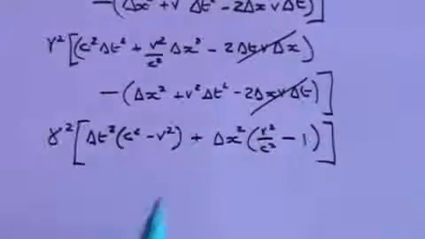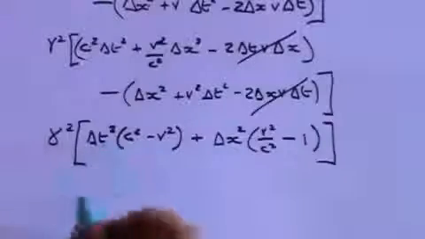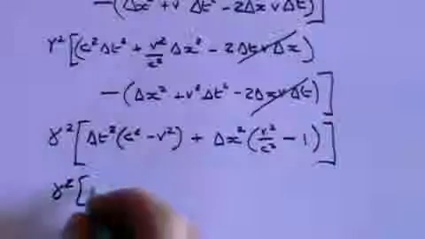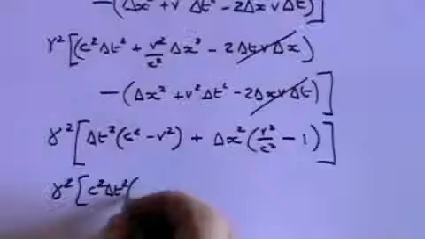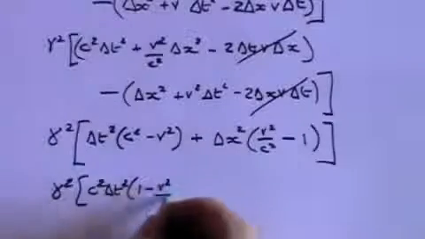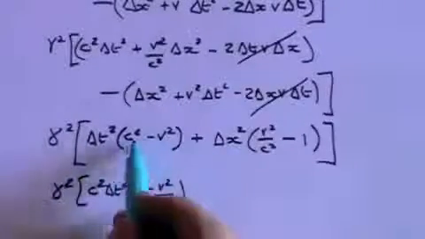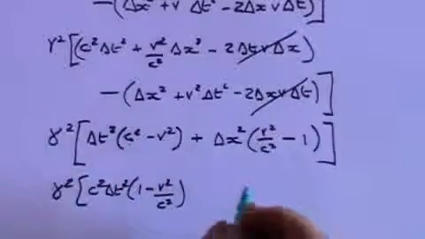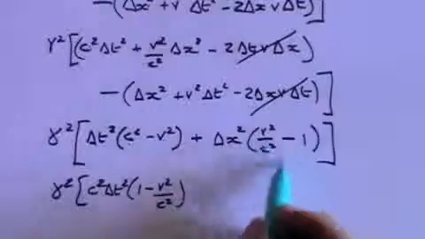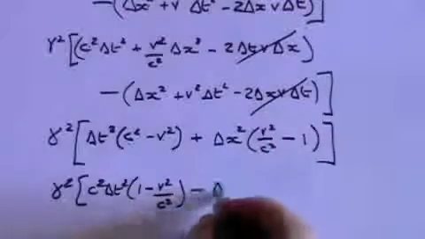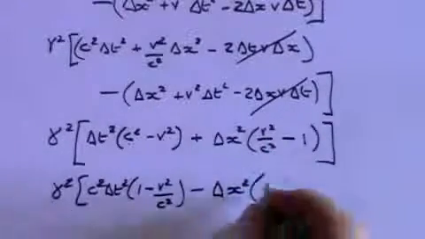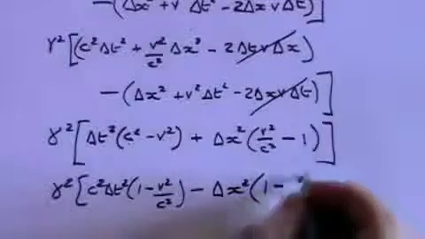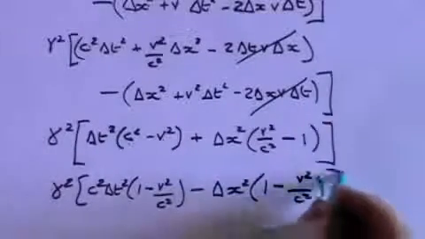We're almost there, hang in there. Take c squared outside here, so we've got gamma squared into c squared delta t squared into 1 minus v squared over c squared. All we've done here is take c squared outside, that becomes 1, that becomes v squared over c squared, and swap these two terms round so that we now say minus delta x squared into 1 minus v squared over c squared.